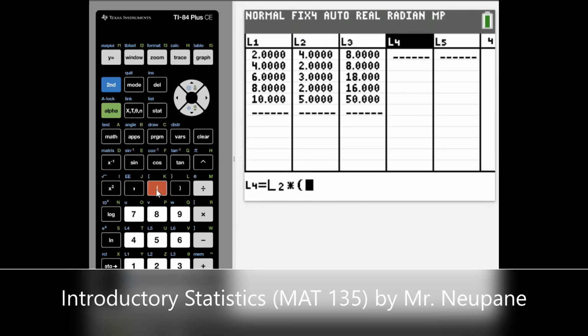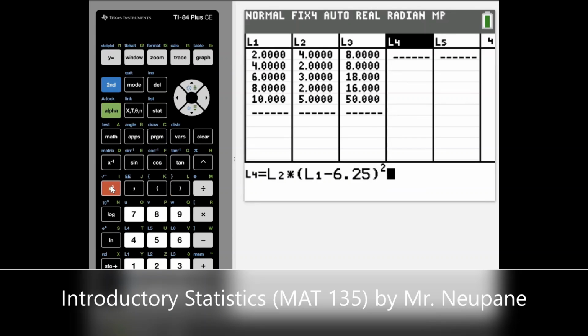Then parenthesis begin, because you have f times x minus, x is the values in L1. So second and then 1, minus the mean. We calculated the mean. Mean was 6.25. So we are typing f times x minus mean, then close the parenthesis and hit this square.